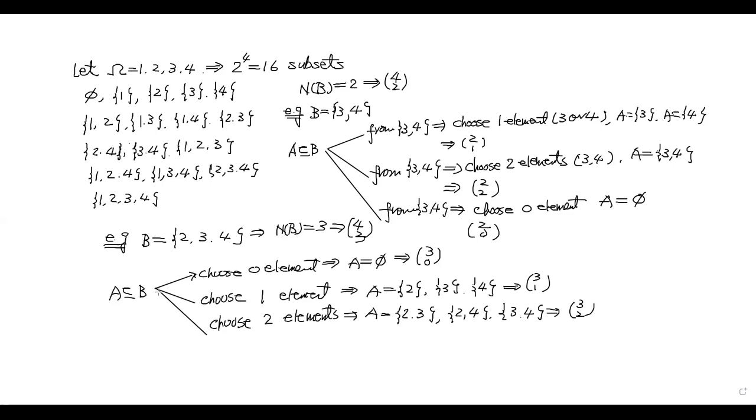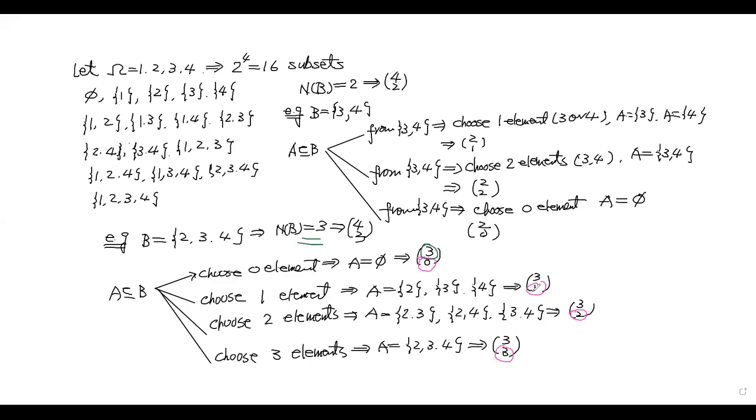Or the last chance, I'm going to choose 3 elements. That means A is the same set as B. It's also a subset. It's {2, 3, 4}, right? So here it is 3 choose 3. Okay, take a look here. From these examples, it always starts with what? 0, 1, 2, 3, depending on NB, and NB here is 3.